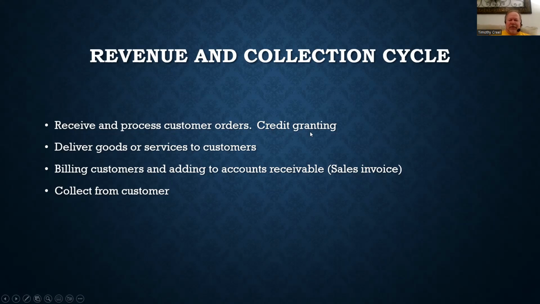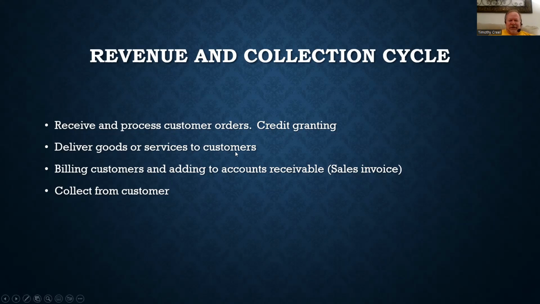You always want to check credit whenever you're doing a customer order because so many times you're going to sell it to them, and basically the journal entry is going to be a debit to accounts receivable, a credit to sales or sales revenue. And so you're basically granting them credit. So one of the things you want to do as a company is always check credit in this process.